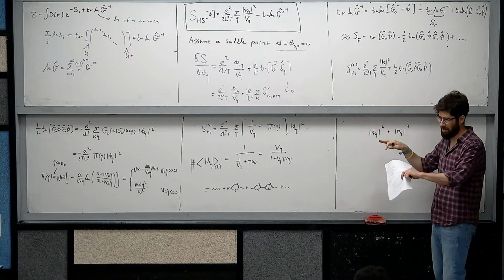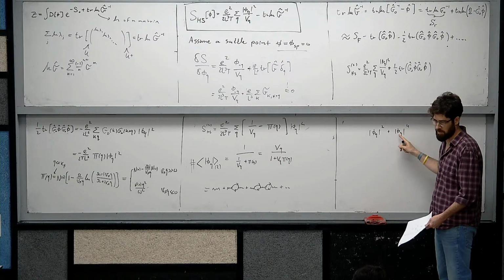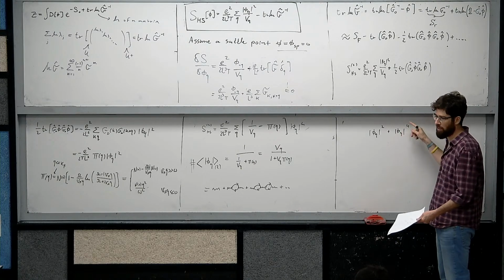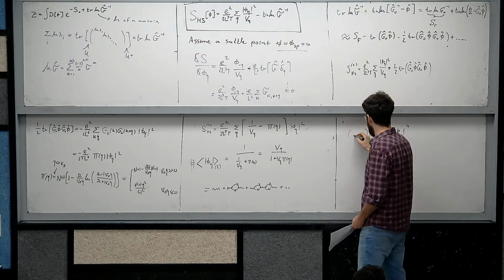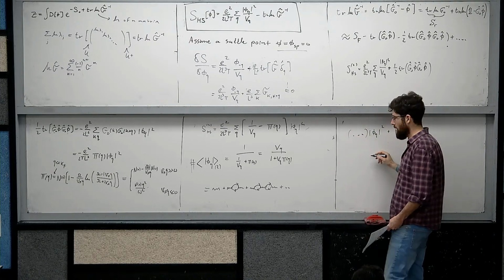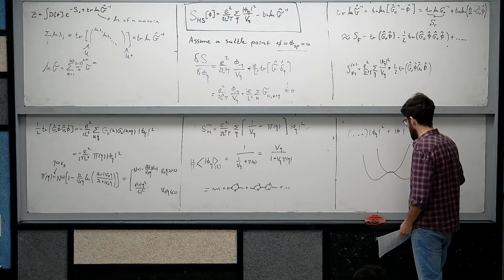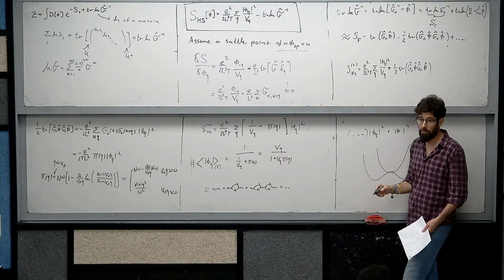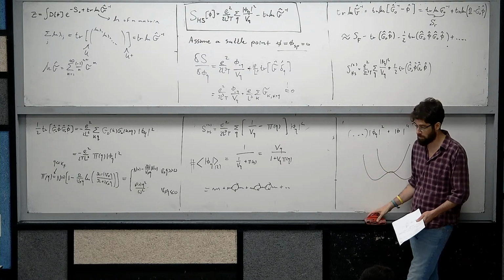This is writing it in a very sloppy manner, because it's actually local in real space, so it's not phi q to the fourth, it's phi to the fourth, never mind. But then if whatever you have here vanishes, it's like transitioning from a potential that looks like this to a potential that looks like this. And then you have an instability. So that's your Stoner instability in the language of Hubbard-Stratonovich.